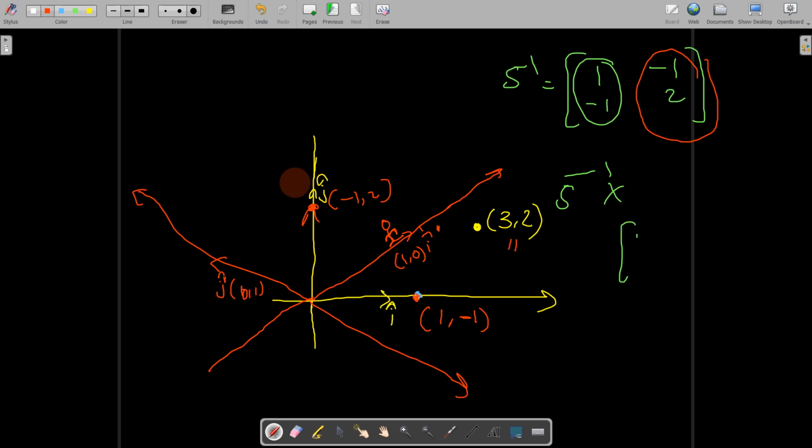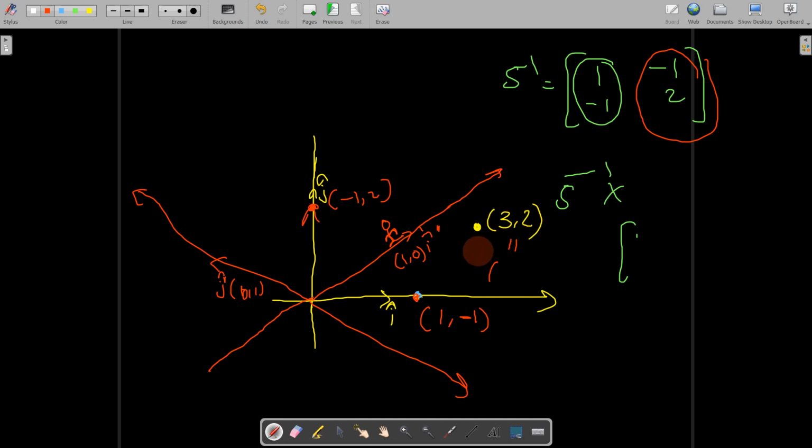That is what S inverse X is representing. Originally your yellow i cap was 1, 0, but in the eigen coordinate system its coordinate is 1 comma minus 1. So 1 comma minus 1, scaled by 3 units, would be your new X coordinate of this point with respect to the eigen coordinate system.